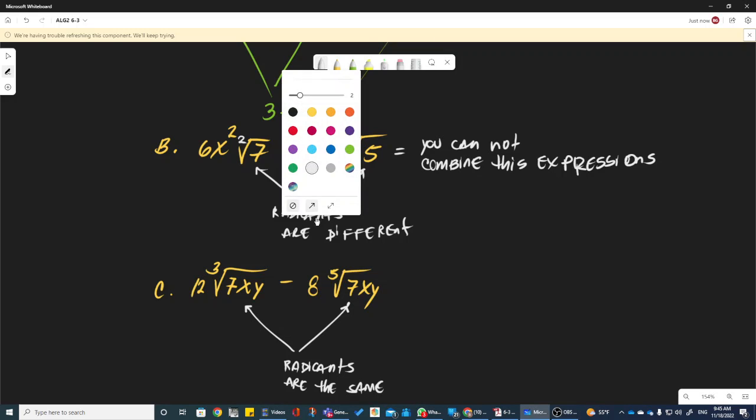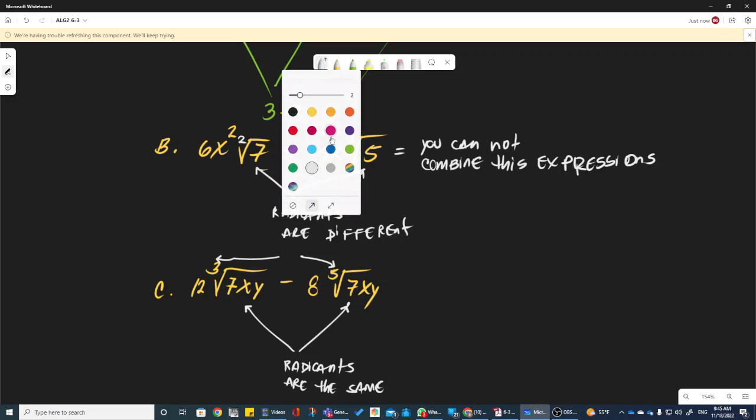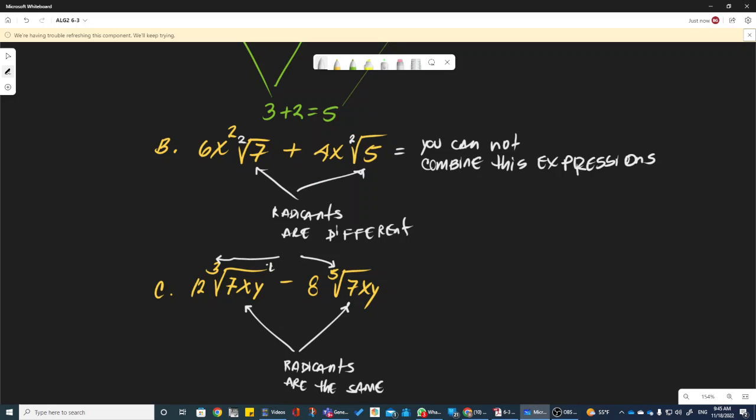But as you can also see here, look, the index are not the same.